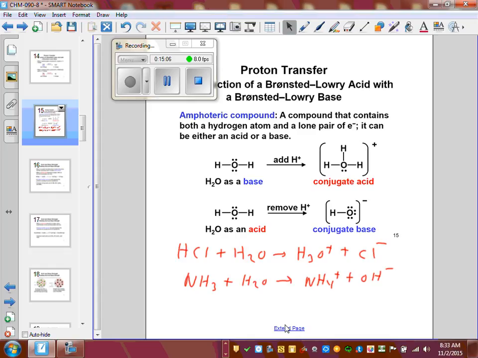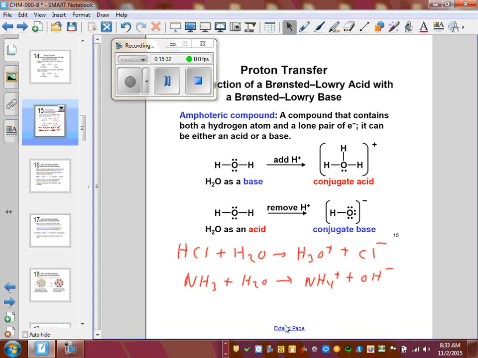In the top equation, tell me the two conjugate acid-base pairs. HCl and Cl minus is one. What's the other pair? Yeah, there's only two left, H2O and H3O plus.